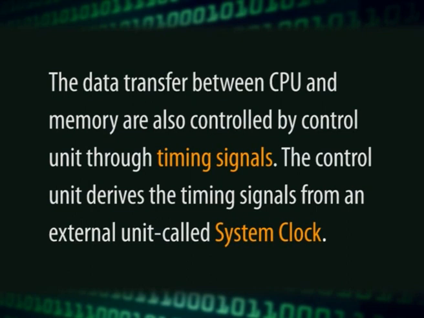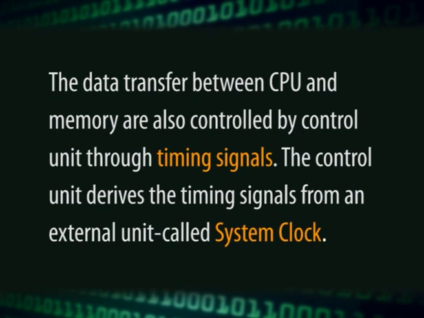The control unit ensures that the second step starts only after the completion of the first step and so on. In short, the control unit ensures the strict sequence and timing of various operations taking place in the ALU, FPU and various other units of the CPU. The data transfer between CPU and memory is also controlled by the control unit through timing signals.